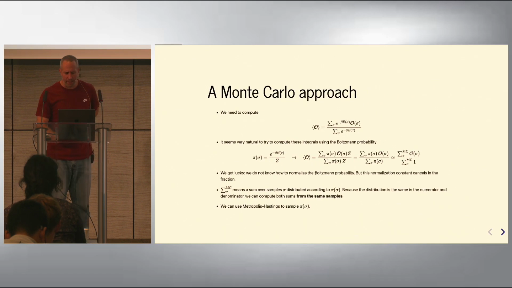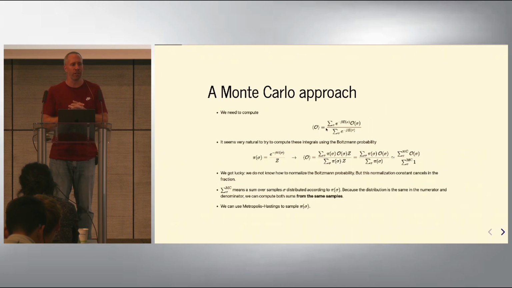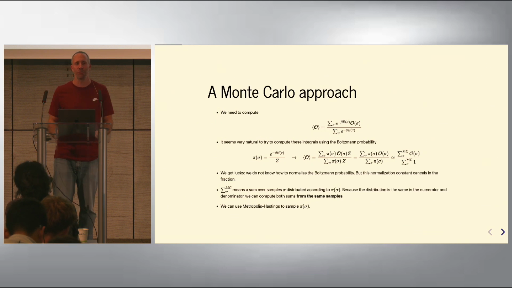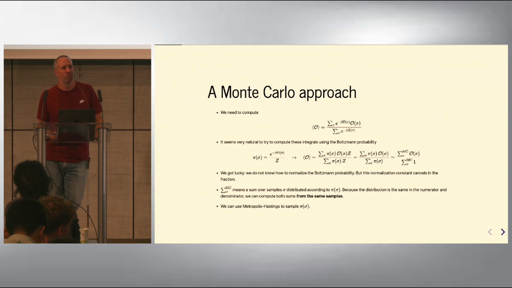So let me write this more explicitly. I wrote the partition function explicitly like so. When you look at this, now we have to decide, okay, I have found a strategy with Metropolis Hastings to, in principle, sample any probability distribution. So what would be a clever probability distribution to try to evaluate these observables? The exponential, huh?